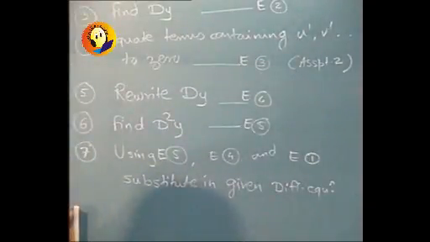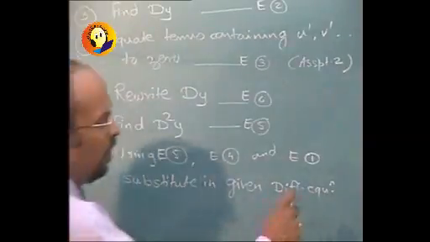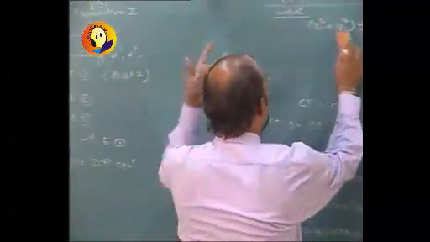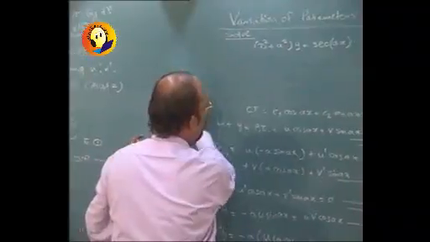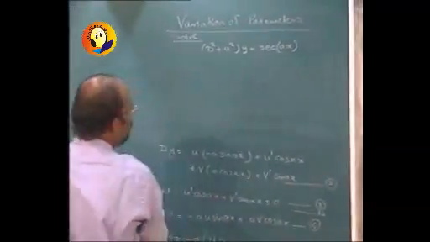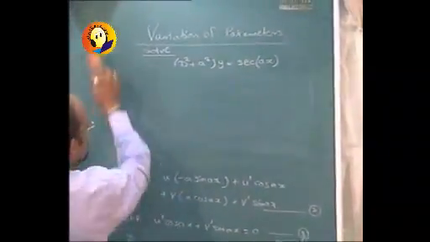Now in this case we had the differential equation of the type, let me rewrite here, d square y plus a square y equal to sec ax.